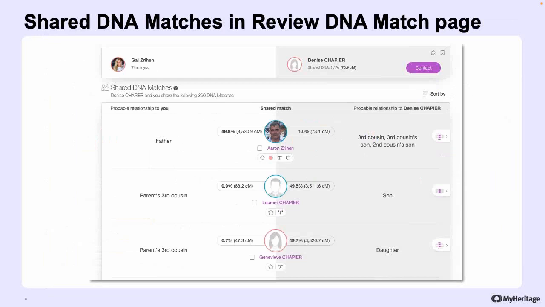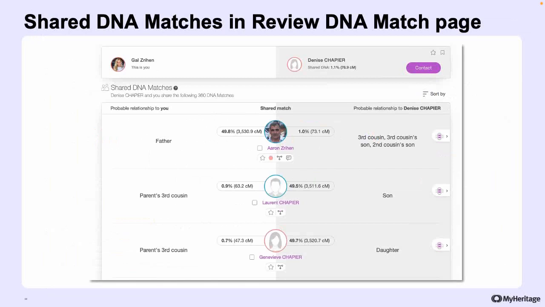Now, I looked at my shared DNA matches, and these are the people, again, that share DNA with me and with Denise as well. One of the first things that I'm seeing here is my father, the first match that we are seeing here. So that's my first clue.